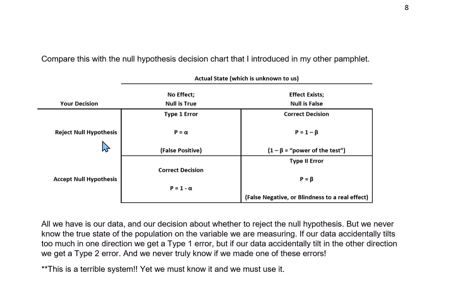So, to be clear, I'm not saying that we never know whether, for example, a drug is effective or not. Based on repeated tests, we get to the point where we're satisfied that we have the true state of affairs within our knowledge base. And that's, of course, what drug testing is all about.